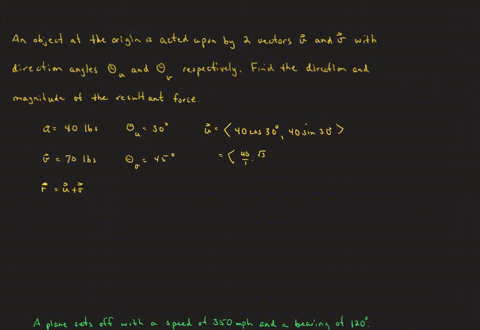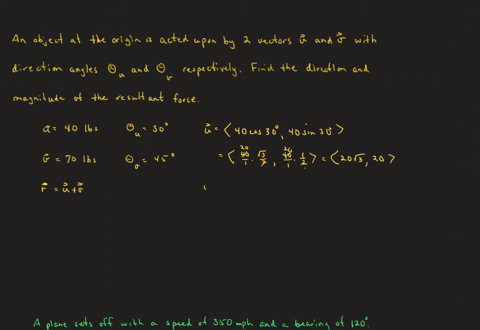Cosine of 30 is square root of 3 over 2, and sine of 30 is 1/2. If we cancel the 2 with the 40, we get 20 square root of 3 for the horizontal or x component, and 20 for the vertical or y component. So that's our vector u.